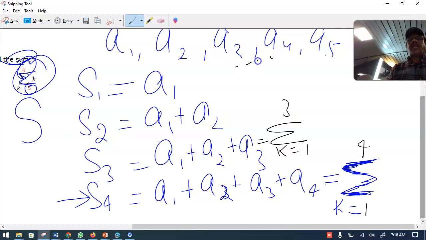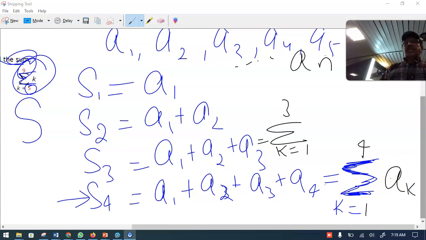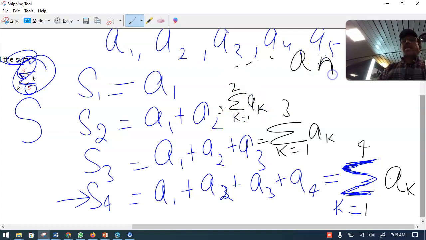If there was an n term here, I have to write a_k here. So this will be a_k. a_k means the same as the k-th term.